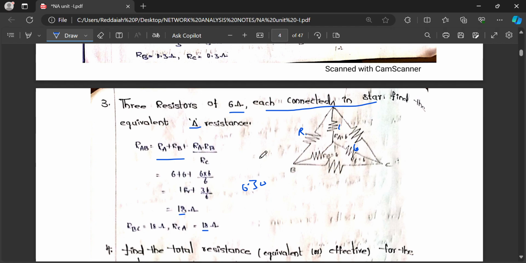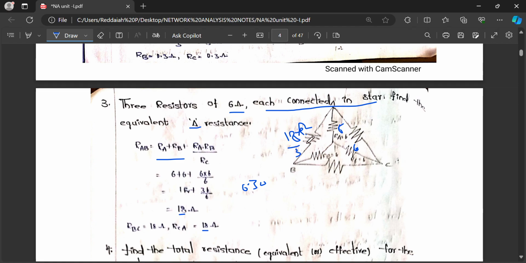When 18 ohm is connected in delta, what is the star resistance? 6 ohm you will get. What does that indicate? If all are 18 ohm in delta, divided by 3 gives 6 ohm. That means delta to star conversion is 18 by 3, delta resistance by 3.